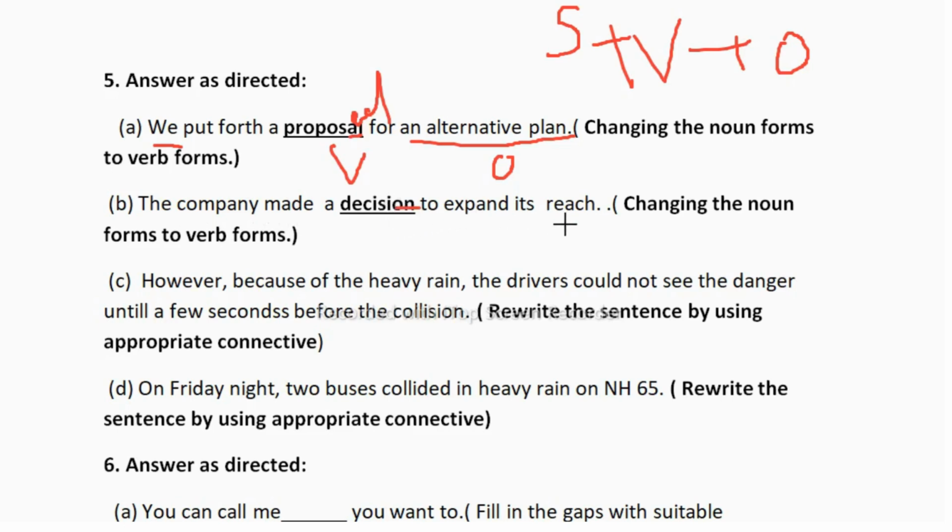No need to take made, because decided is a verb, and made is also a verb. We cannot write two verbs together. So the company, which is the subject, decided, verb, to expand its reach. This is your object. Now this is your correct answer.